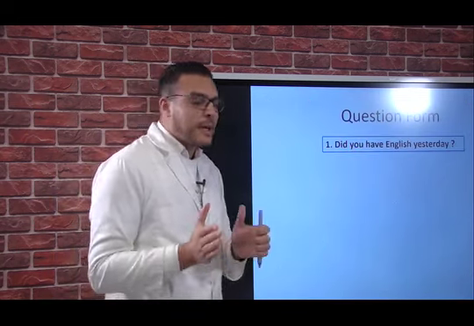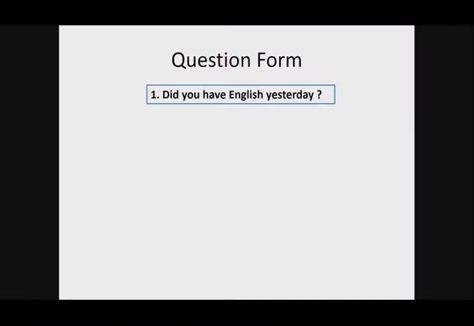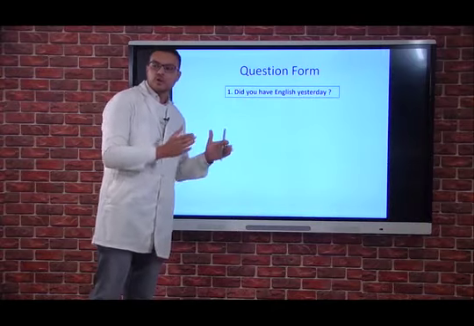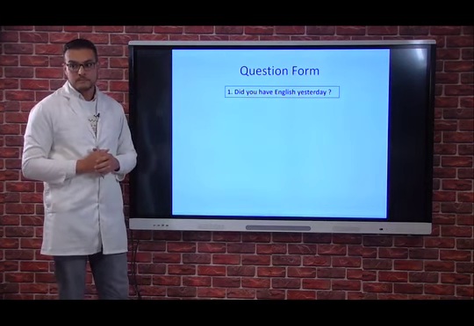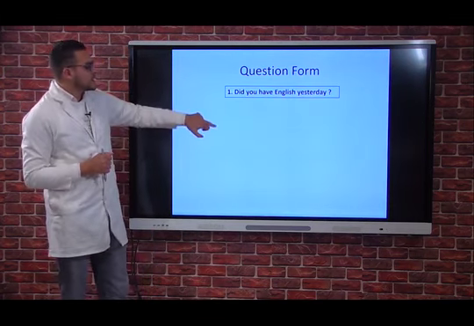Now, in order to make the question form, we have done with the positive. Okay, so let's see how we make the question form. So let's study this example. Did you have an English lesson or English class yesterday? So how do we make the past form?